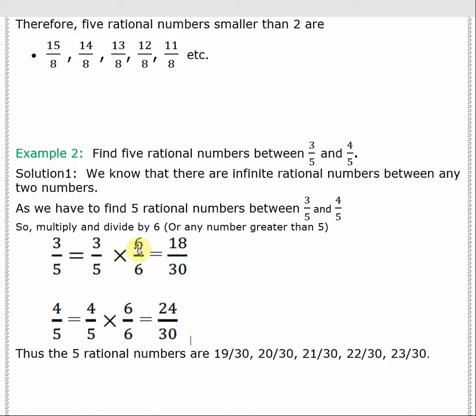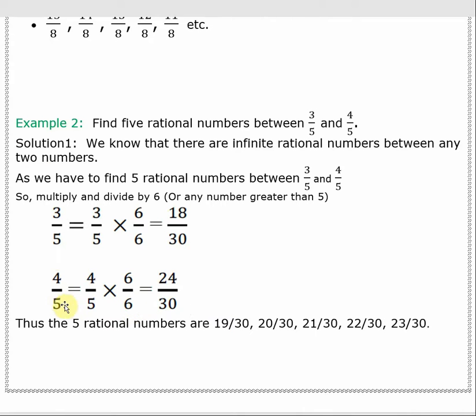By multiplying 3 by 5 with 6 by 6, we have got 18 by 30. Similarly, 4 by 5 multiplied with 6 by 6 gives 24 by 30. So we have expanded the fractions into 18 by 30 and 24 by 30.